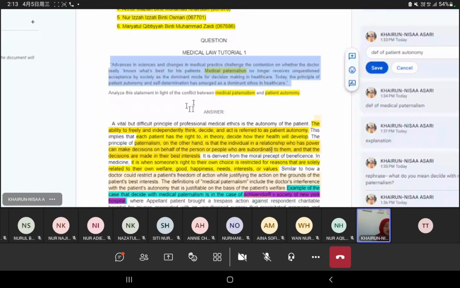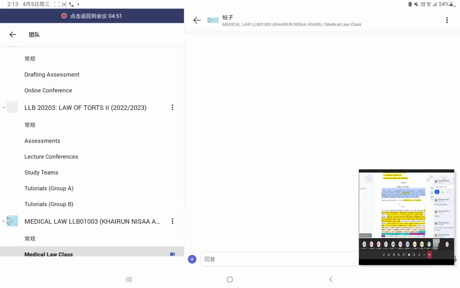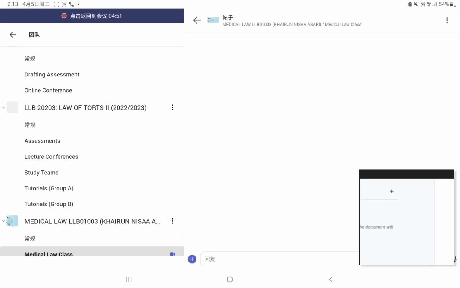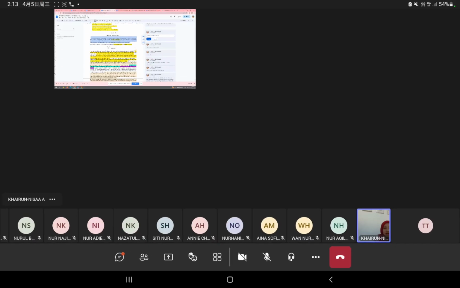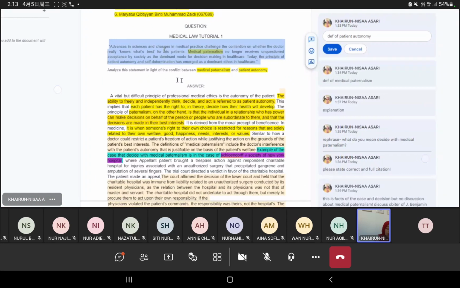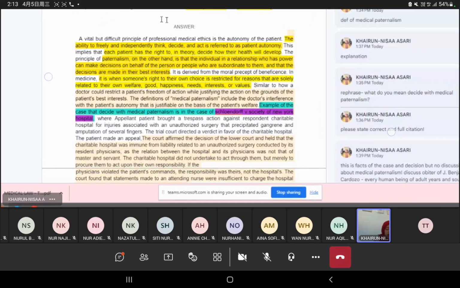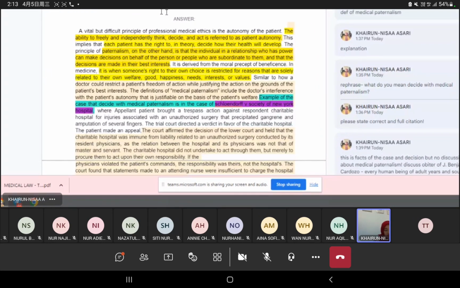That's it. When you are answering an essay type question, whenever it is referring to a statement, you have to relate it to that particular statement, what that statement is about. If it seems to support one side, do you agree with the statement? You can agree or disagree. You can give your own comments, your own opinion, your own suggestions.